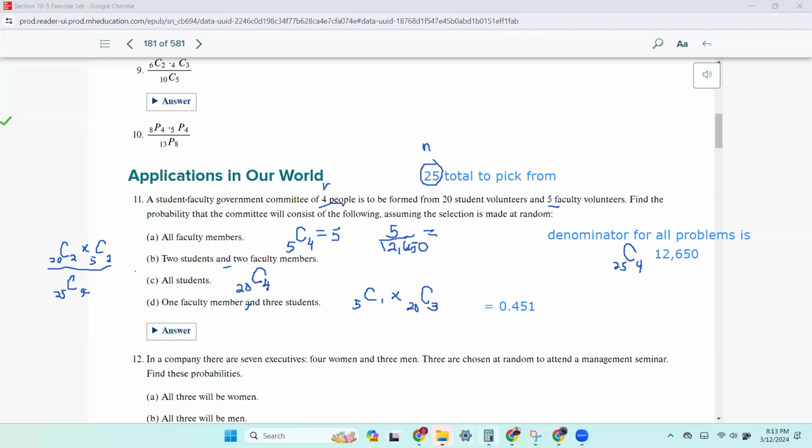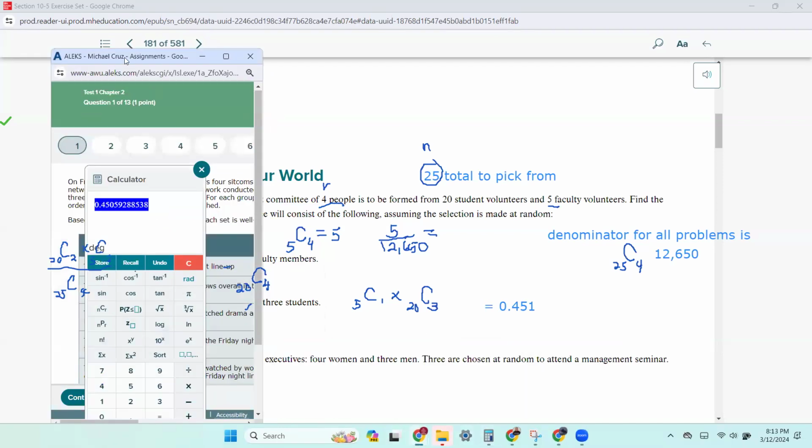So let's just do that last one real quick with the calculator, just in case.